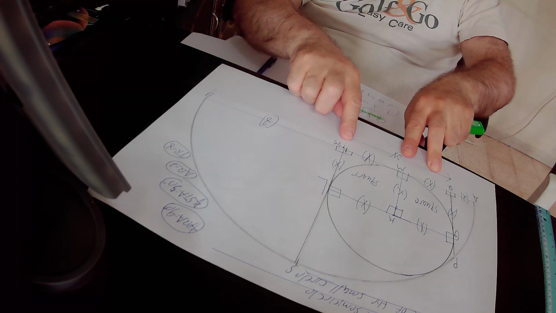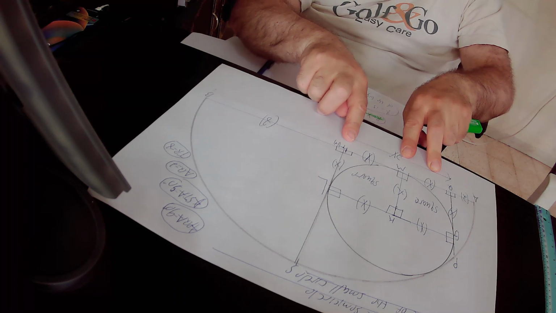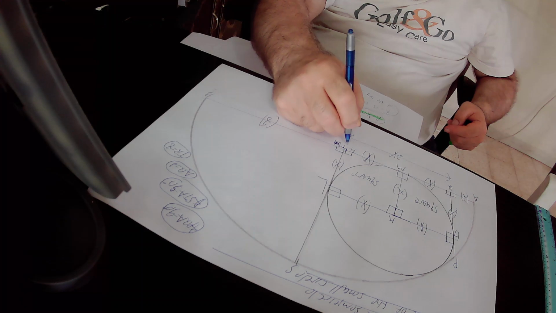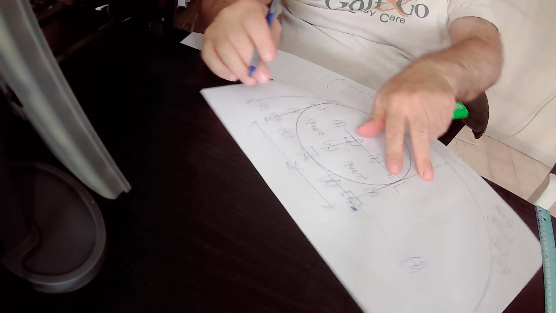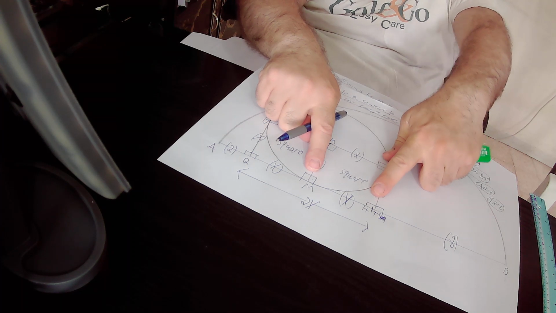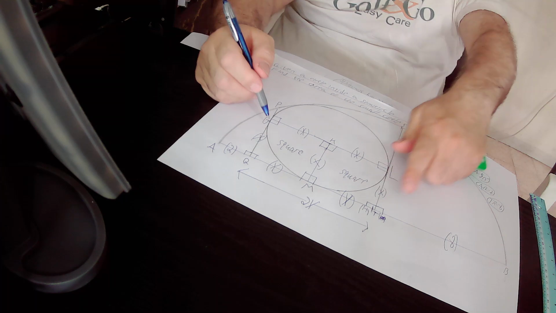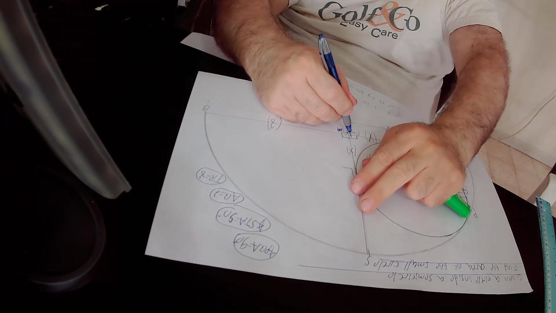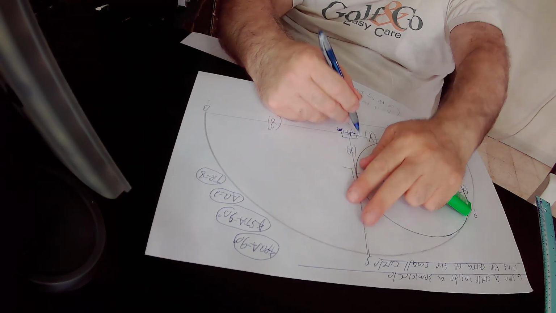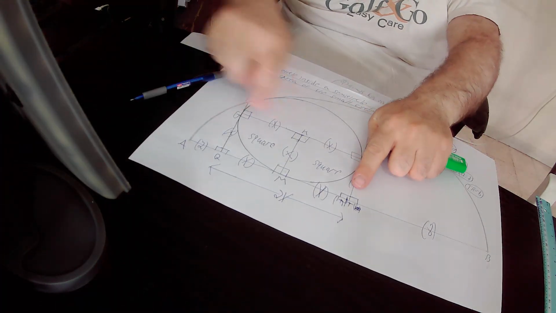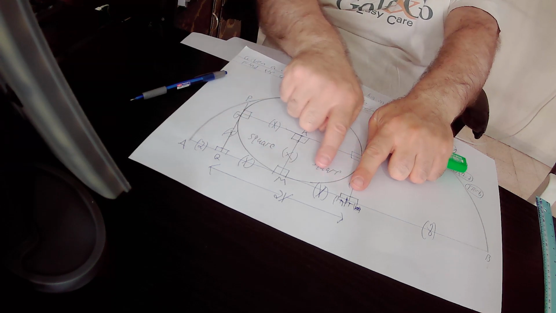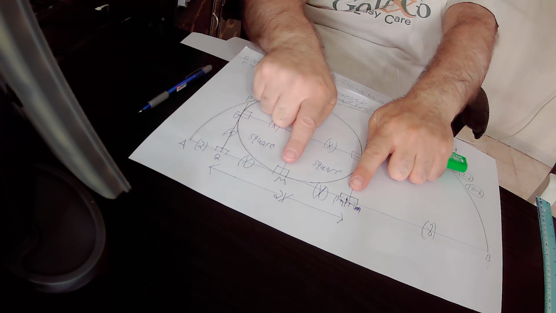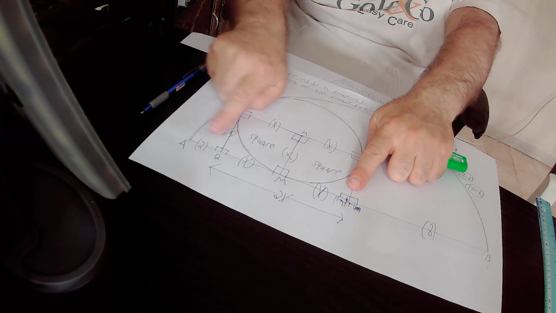Here, this side is side edge M. We'll find out the length of this missing side, edge M. The missing side, edge M, equals AH, that is the radius of the big semicircle, minus AQ, minus QM.